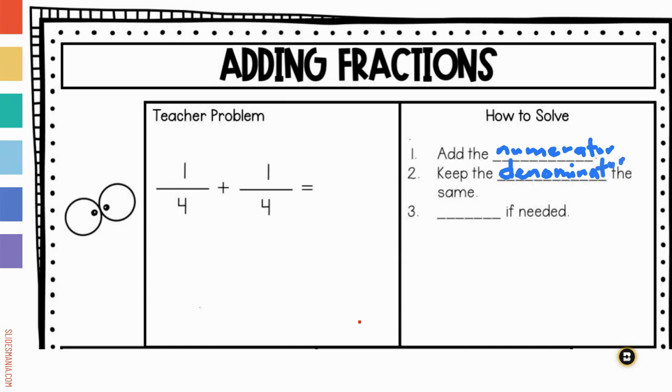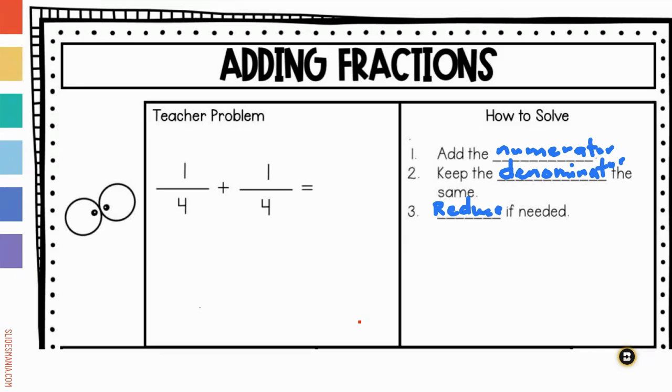And the denominator is the bottom of the fraction. And then reduce if needed. So you always want to reduce fractions if you can when you are working with fractions.